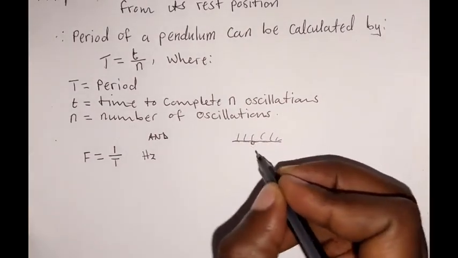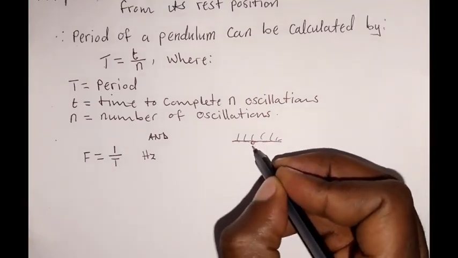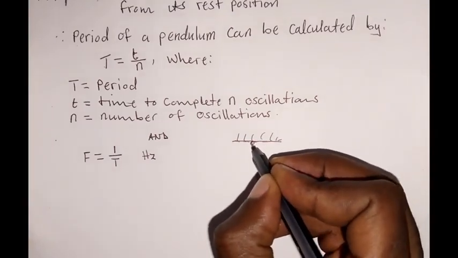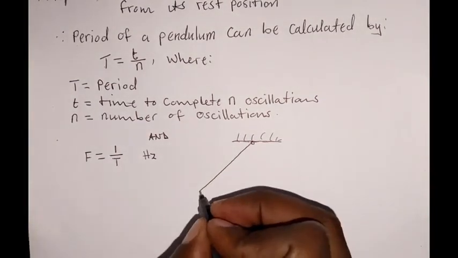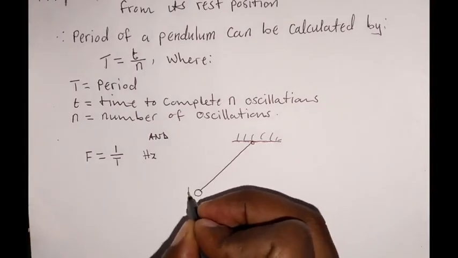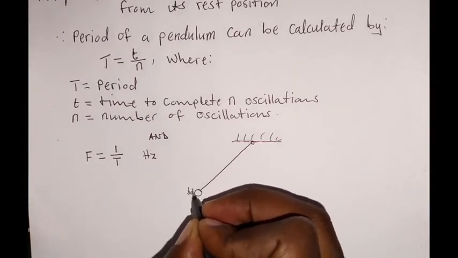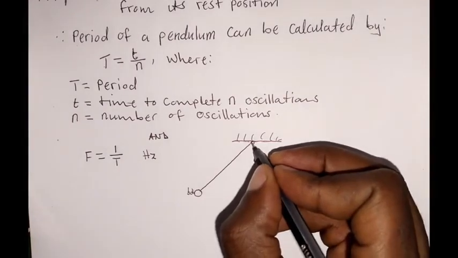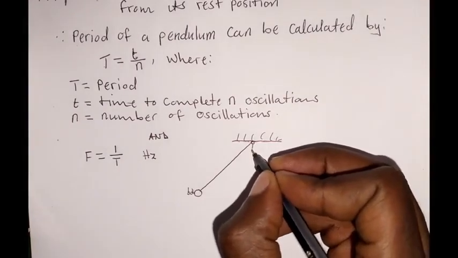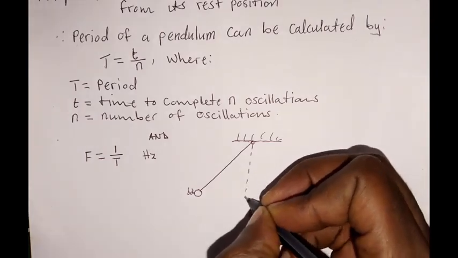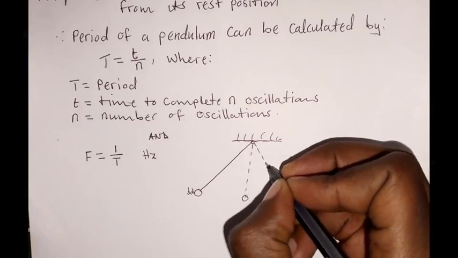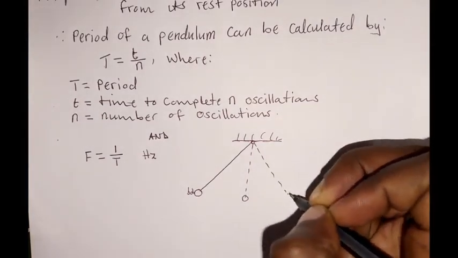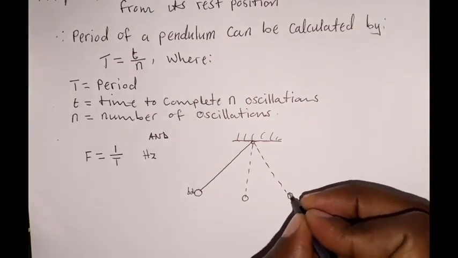Then this is a string, and it has been moved. Here this is a bulb. This side is the movement once it has been released, and this other side is also the movement.